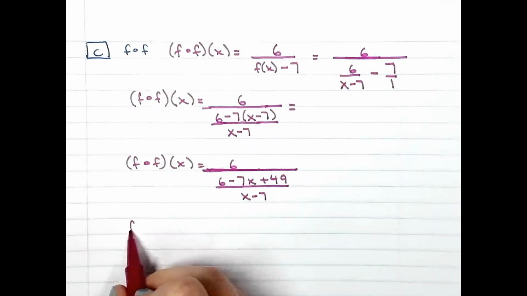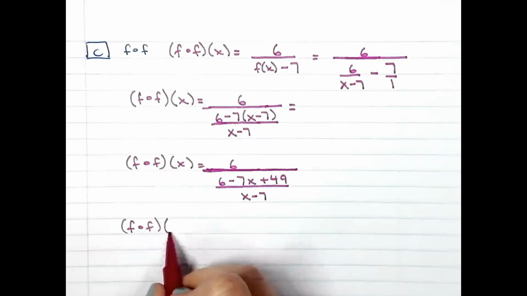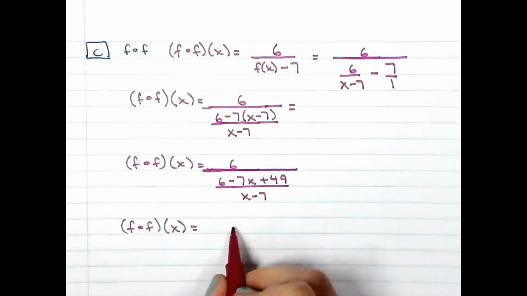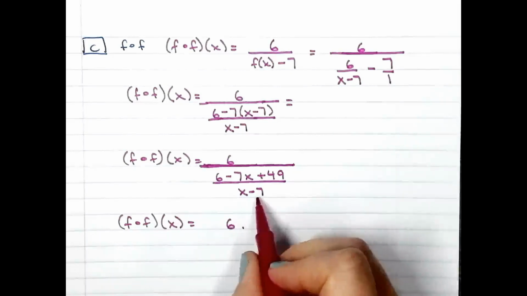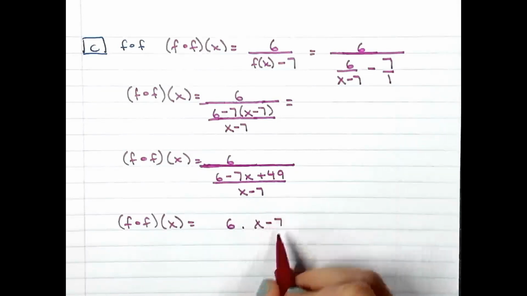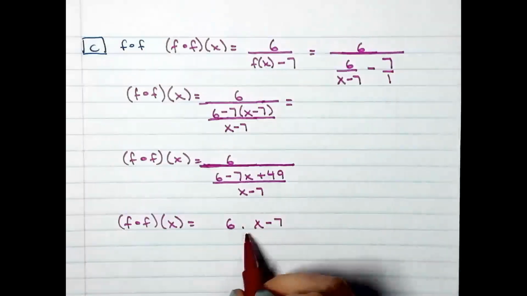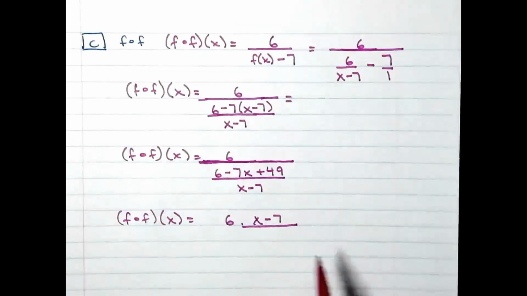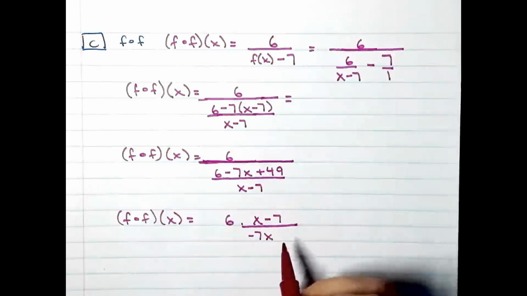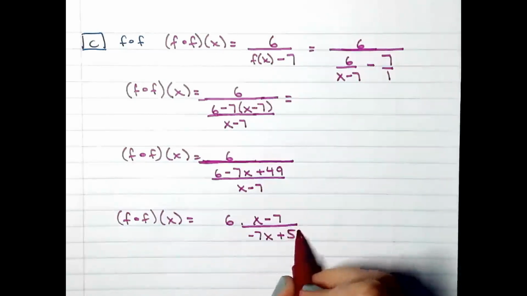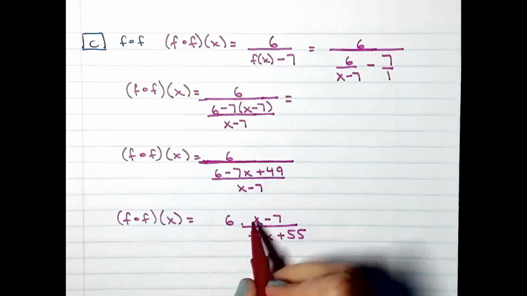Okay, we're getting somewhere here. Multiply by the reciprocal. 6 stays the same. Multiply by the reciprocal in the denominator, so x minus 7 is now the numerator. Divide that by negative 7x, 6 minus 49 is negative 43... Okay, you can just leave it like that.